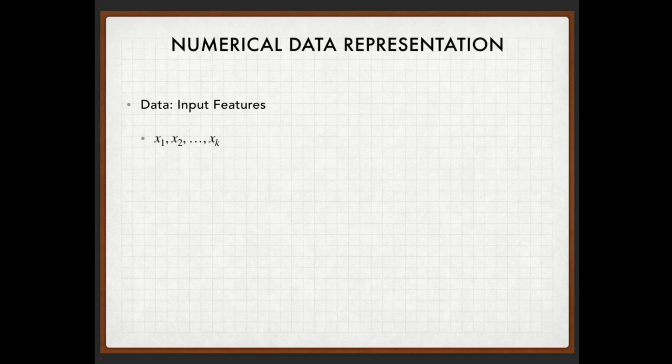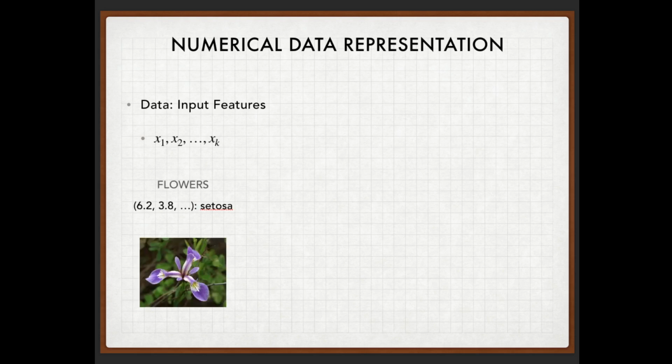So first, let's have a look at the data. Linear models require all data samples to be represented in numerical values. For some problems, this is straightforward. For example, in the flower classification problem, each sample has already been represented by 4 numerical values.